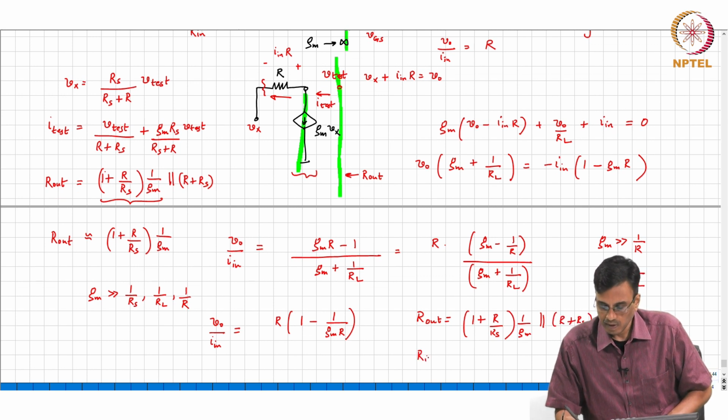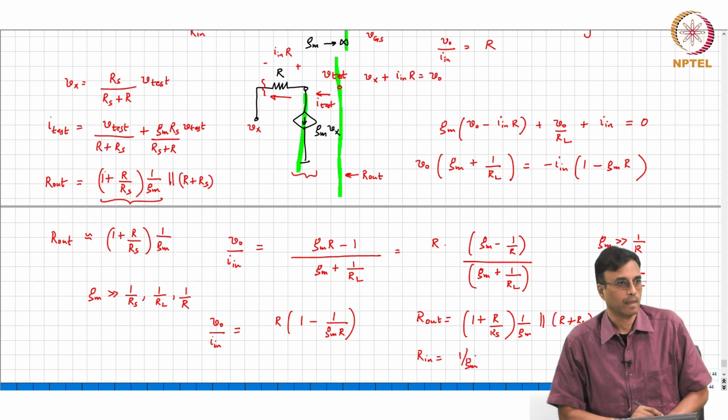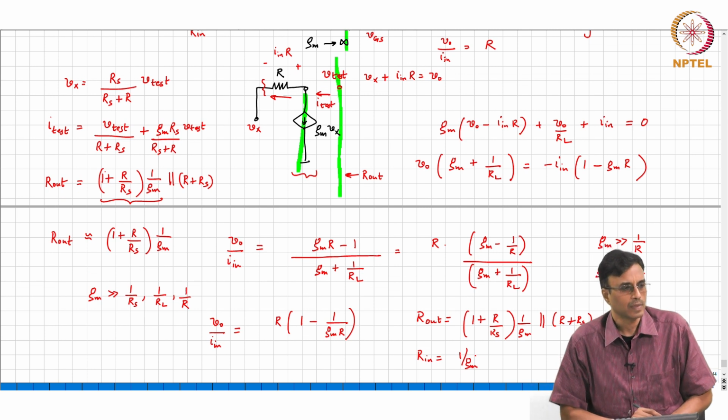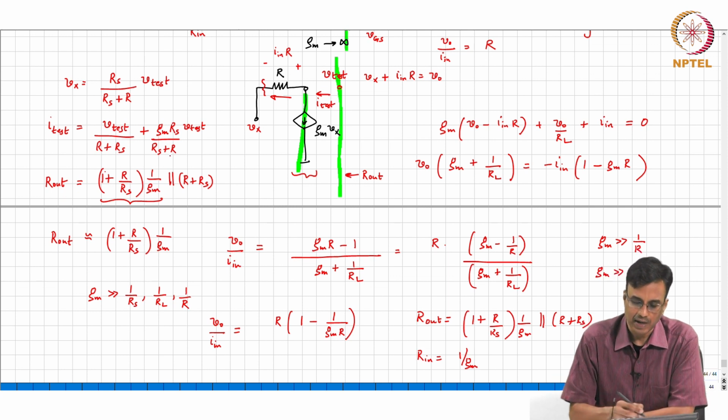R in is 1 over Gm. Okay. And therefore, if the input resistance of the current controlled voltage source is 1 over Gm, you must make sure that the source impedance is much higher than the source you are driving it with.